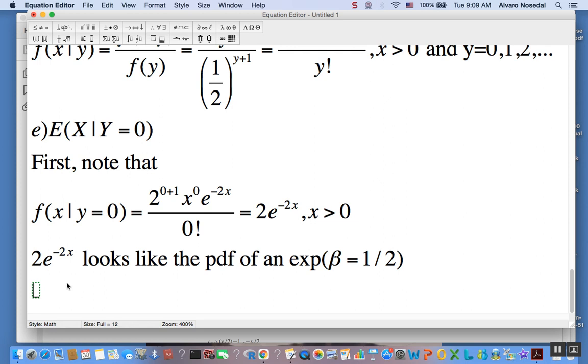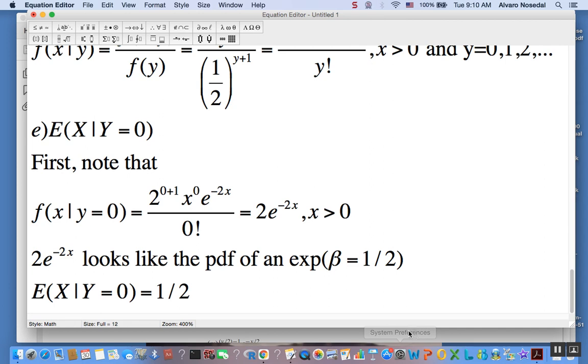Therefore, the expected value of an exponential with parameter 1/2 is going to be 1/2, right? So what I'm saying is that this expected value is going to be 1/2. End of the story, right?